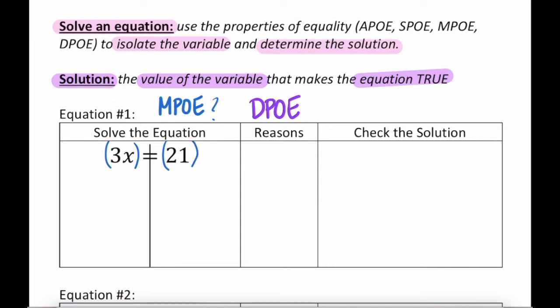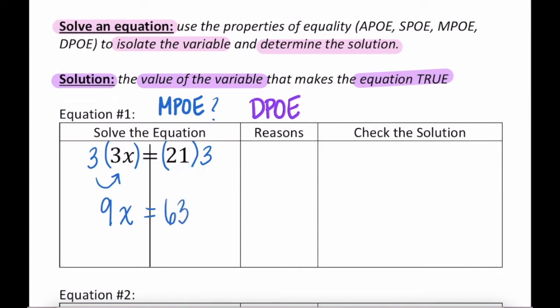So looking at this, I notice that x is being multiplied by 3. So I would think, okay, what if I try multiplying both sides of this equation by 3? 3 times 3x, well, 3 times 3 is 9, so that would be 9x. And then 3 times 21, well, 3 times 20 is 60, and 3 times 1 is 3, so that would be 63.